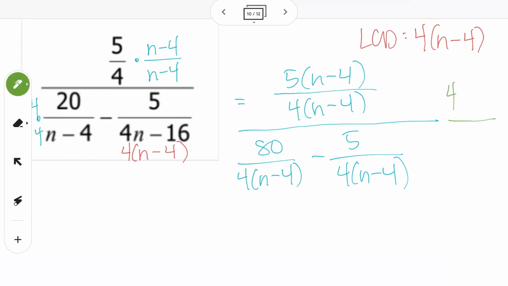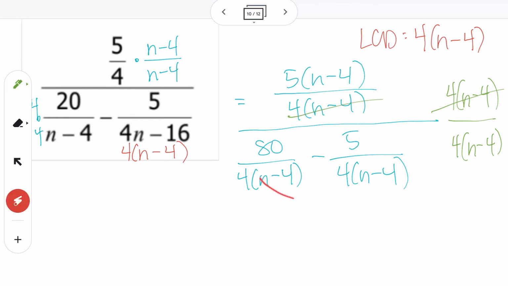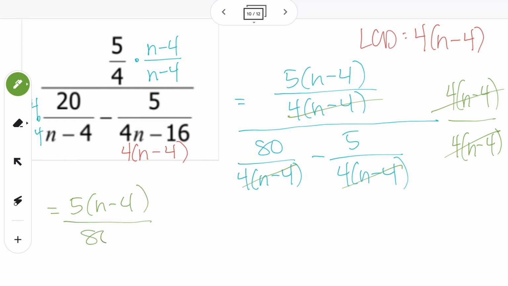And again, now we switch to the big fraction and multiply by that LCD to get rid of it. On top, those cancel. On bottom, just like before, this will distribute to both things, so it will cancel all of those. And what I now have is 5 times n minus 4 over 80 minus 5.